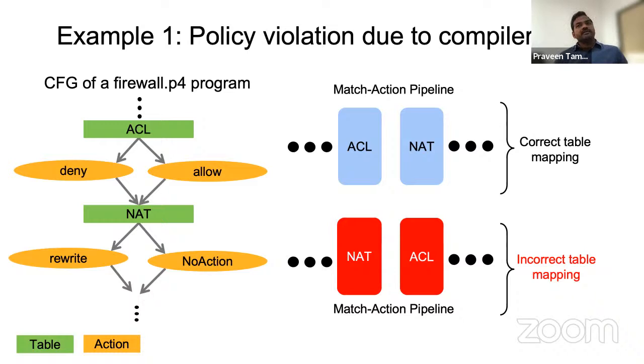And it is possible that essential rules from the ACL that are supposed to match on private IPs would now have to match on public IP, and that could lead to security loopholes. So such incorrect table mapping, due to bugs in the compiler, could cause incorrect packet processing and eventually lead to policy violations, be it security-wise or on the performance side.